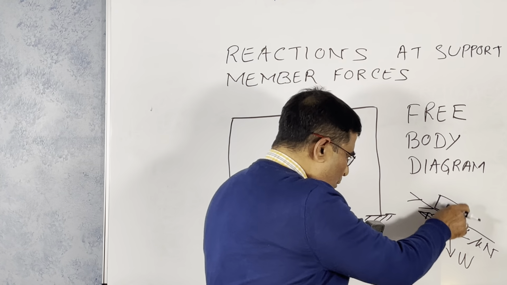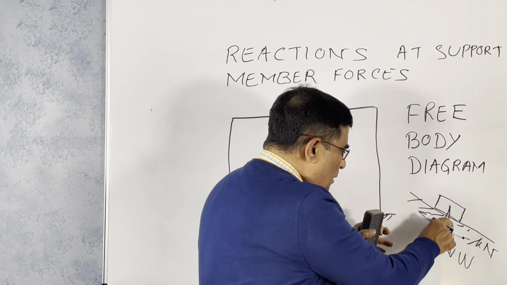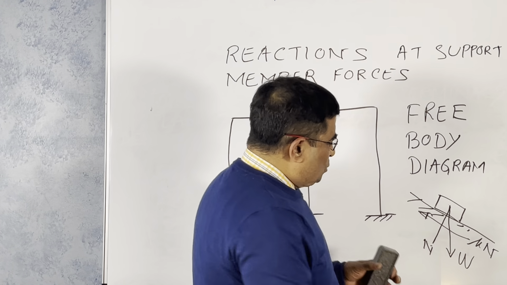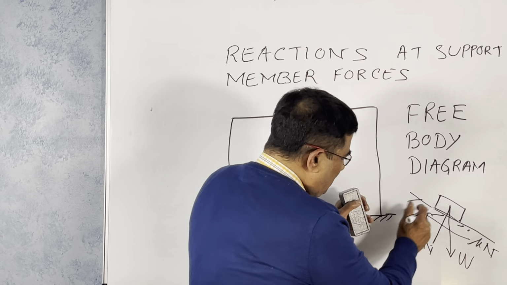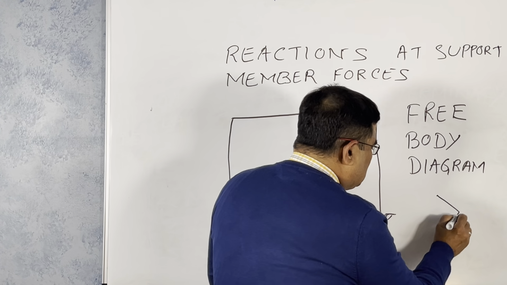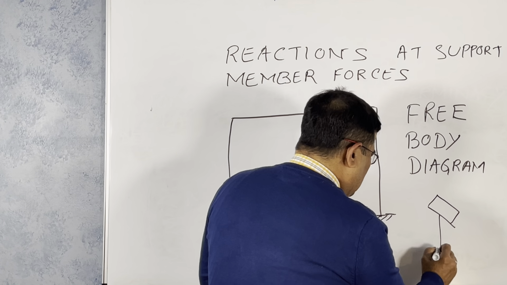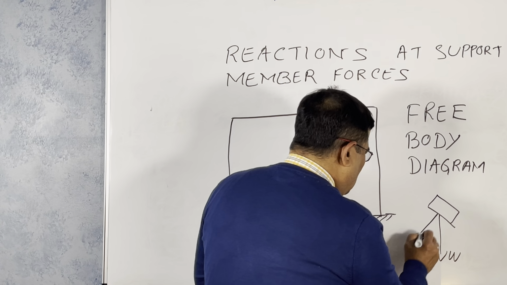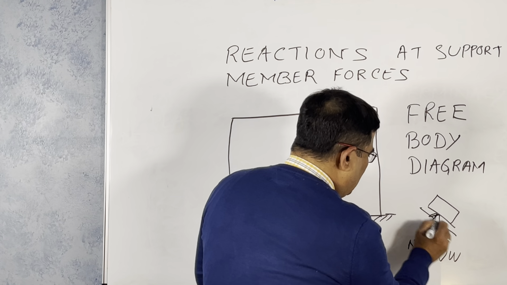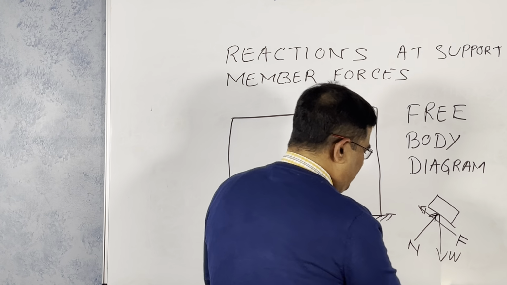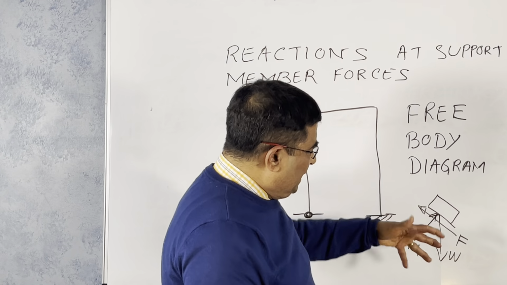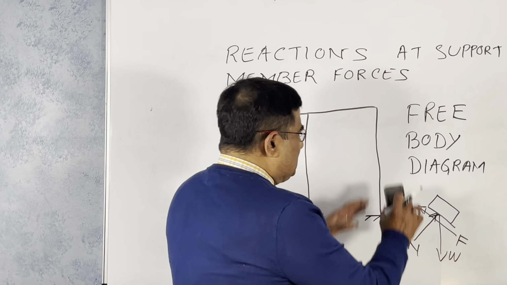The friction resists the downward movement. So instead of having the whole plane, we can draw the free body diagram of this box like this: W, N, and frictional force F. This is representing the whole thing in terms of forces. This is called a free body diagram.